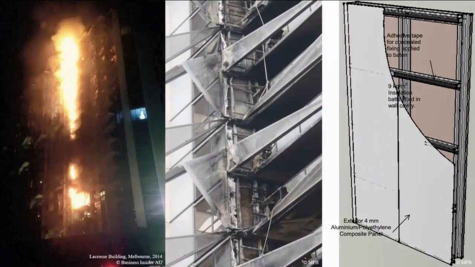But signs of looming problems have been emerging. The Lacrosse building, situated in Melbourne, is a 23-storey mixed-use building and had a fire on the morning of the 25th of November 2014.